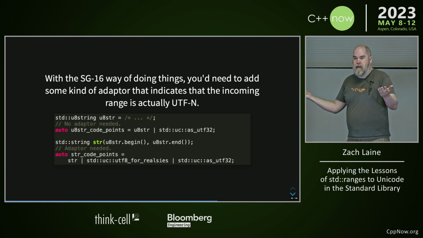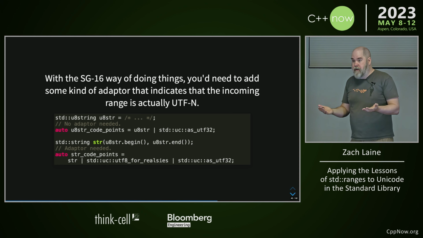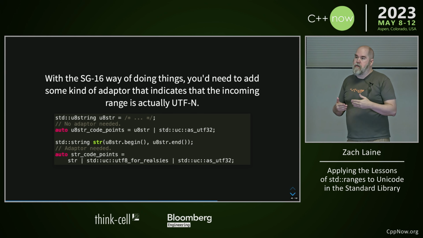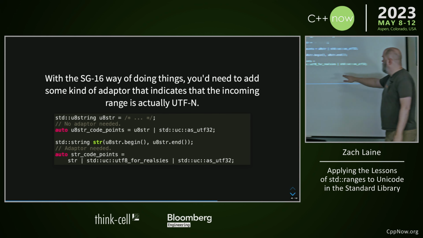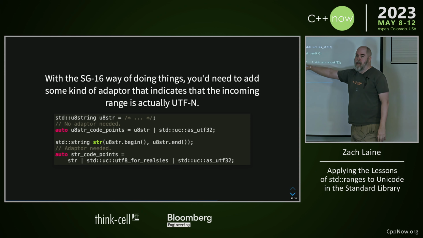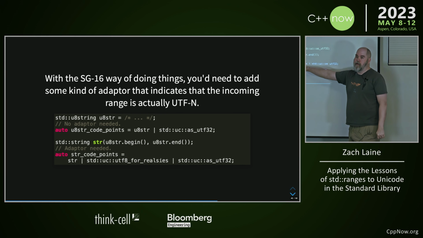Char and char8_t have the same invariance, which is none. They don't maintain anything, right? So to me, this is an academic argument, and what this is saying is we have a philosophical disagreement that makes you write more code, and I don't like that.